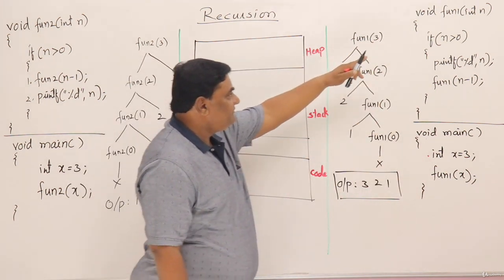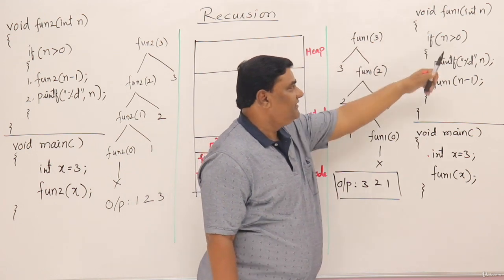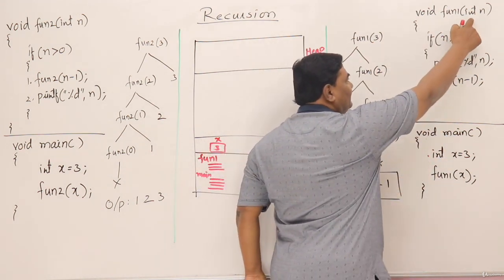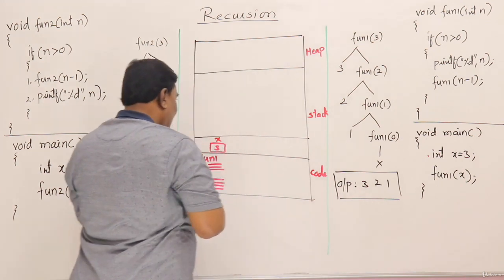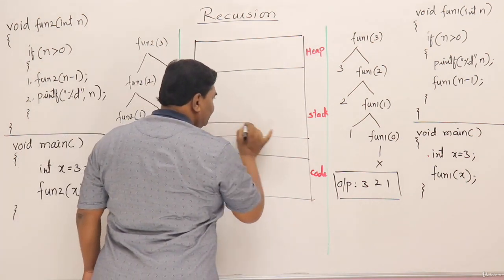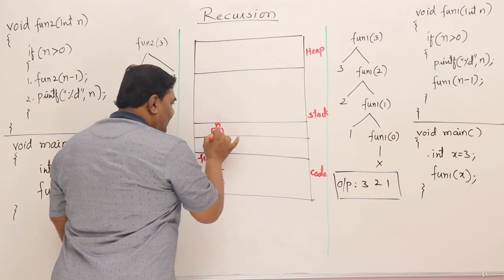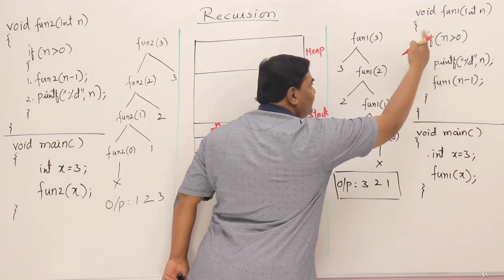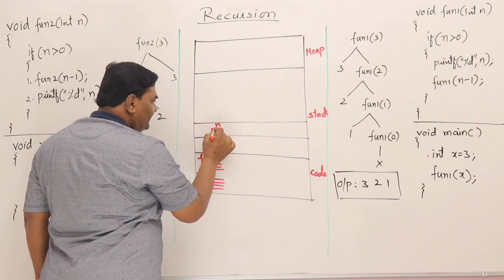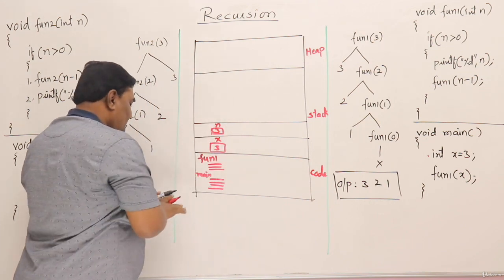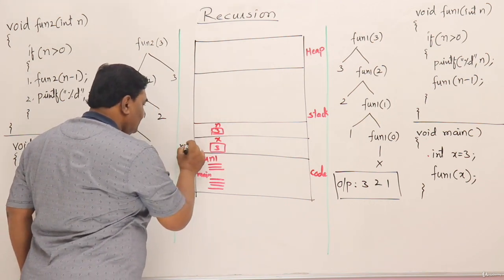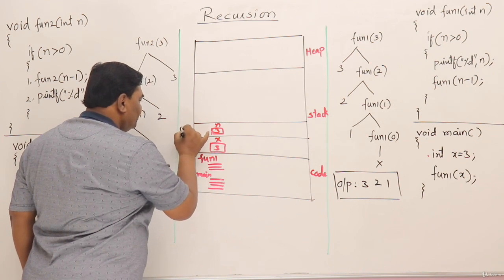So once the function 1 is called, it is having just one variable, that is n. This is the only variable. So activation record for that fun1 is created, and it will have that variable n, and this value X is passed to that one. So it will be 3. So this is for main and this is for fun1.